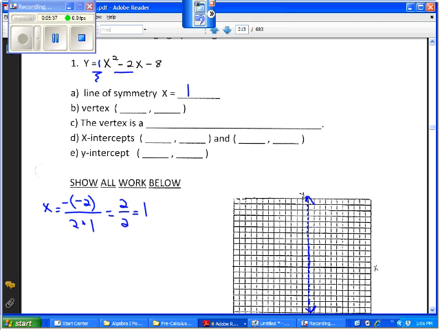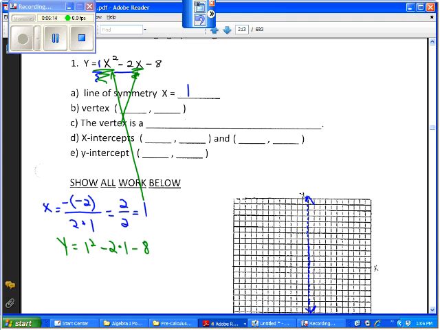To find my vertex, what do I need to do? Now, what we did from page 195A is built the table because not only did we want the vertex, but we wanted some left wing points to reflect across and make some right wing points, but we're not really doing that here. We're just going to take our equation, y equals 1 times whatever x is, 1 squared, minus 2 times my x of 1, minus 8.